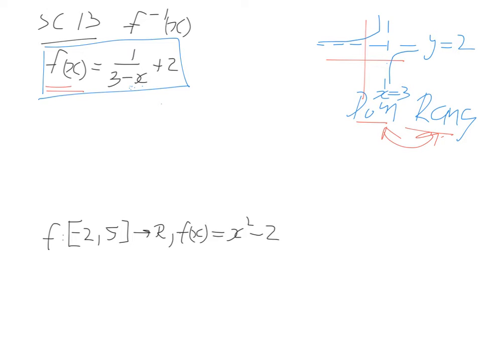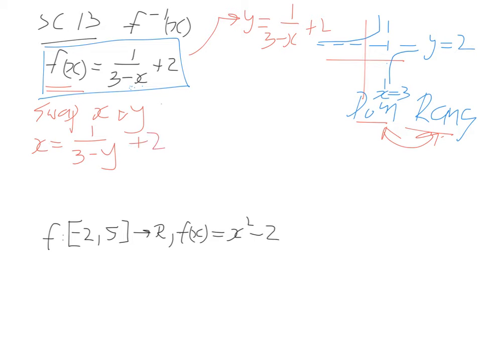So now basically we're going to find the inverse. Well, we know that if we're finding the inverse, we have to swap or interchange x and y, and I probably should have written this as y equals 1 over 3 minus x plus 2. So now we're going to swap x and y, so we'll have x equals 1 over 3 minus y plus 2. And then we're going to solve for y. So bring this 2 over to the other side, so x minus 2 equals 1 over 3 minus y.